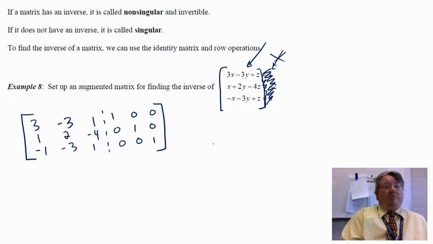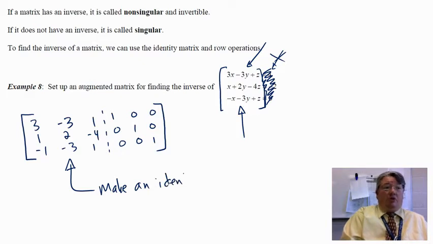This is the augmented matrix I use to find the inverse of that. What I have to do is use row operations to make this half an identity matrix.